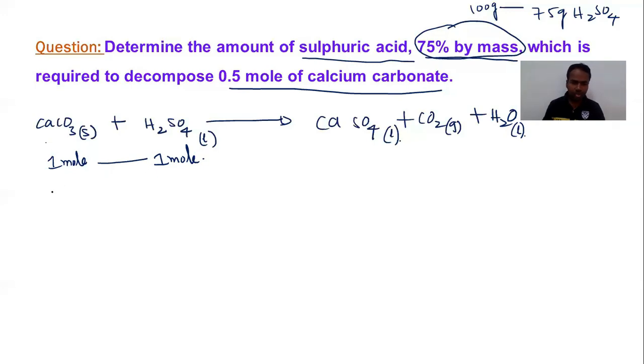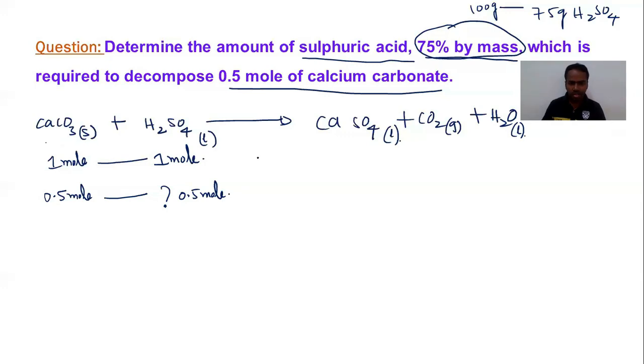If you take 0.5 mole of CaCO3, how many moles of H2SO4 are required to decompose it? Obviously, it is also 0.5 mole. 1 mole, 1 mole. If it is 0.5, it is also 0.5 mole. So 0.5 mole of H2SO4 is sufficient to decompose the 0.5 moles of CaCO3.